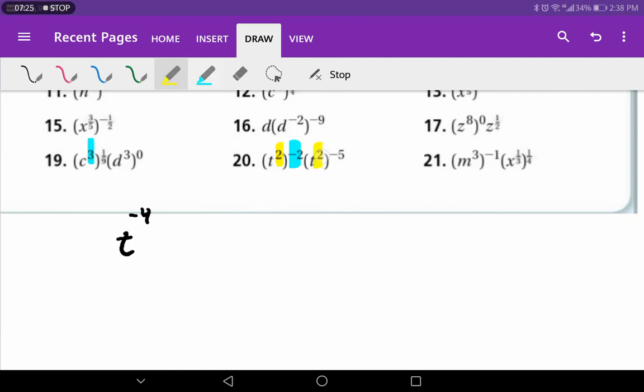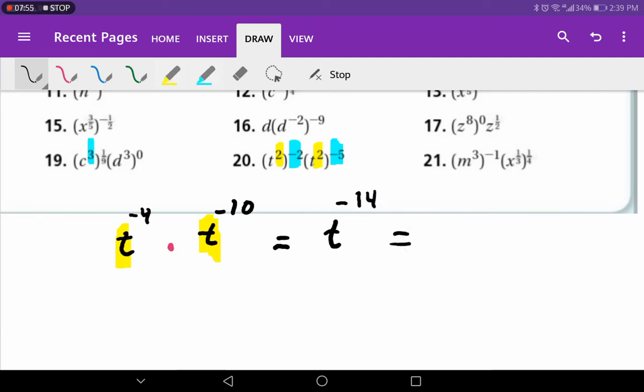And this power multiplied by this power gives me t with power negative 10. Now I have the same base, no problem to combine the powers, so it equals t with power negative 14.